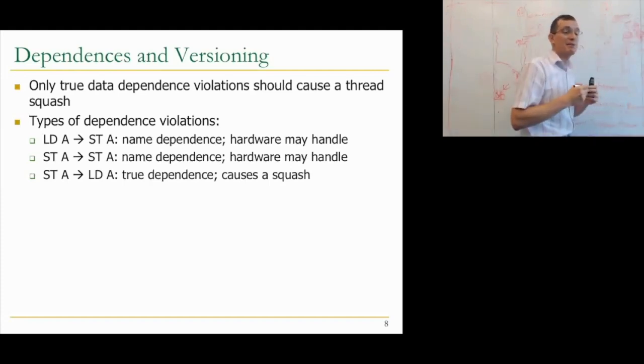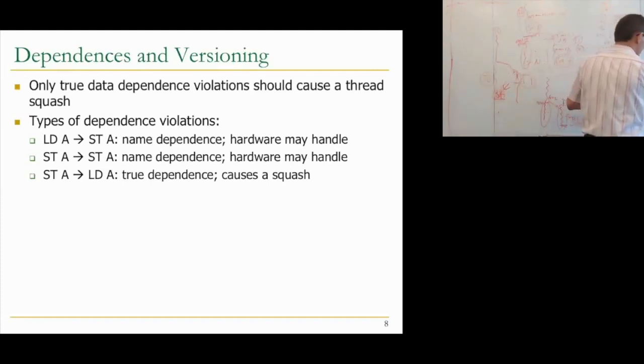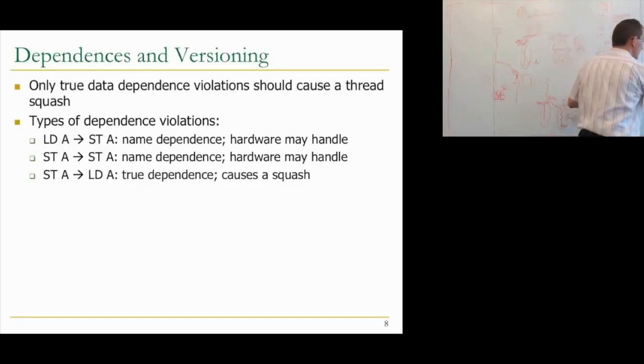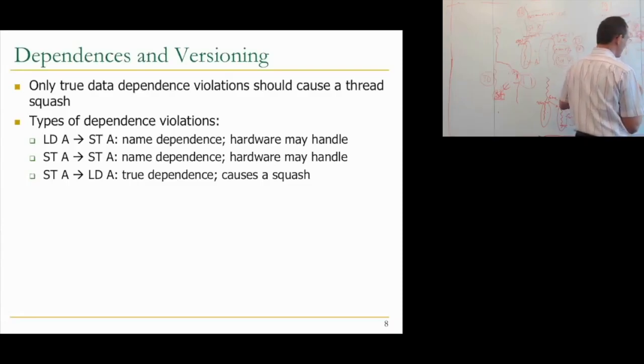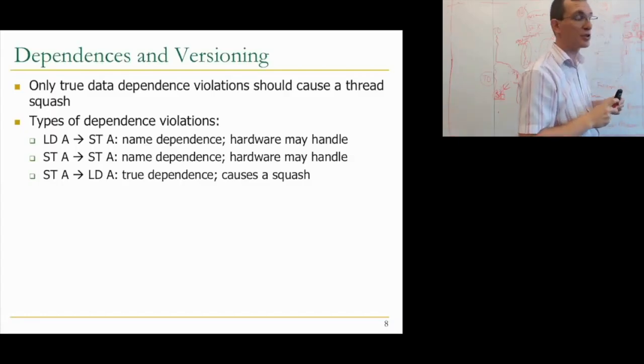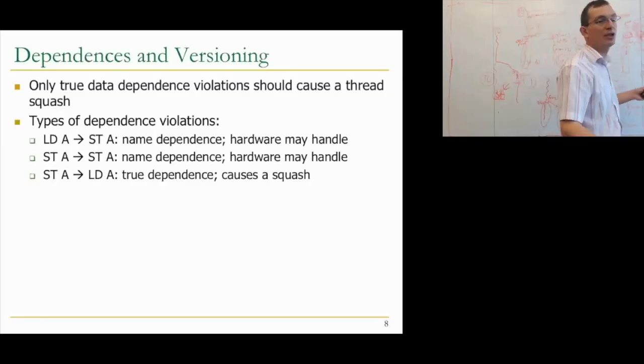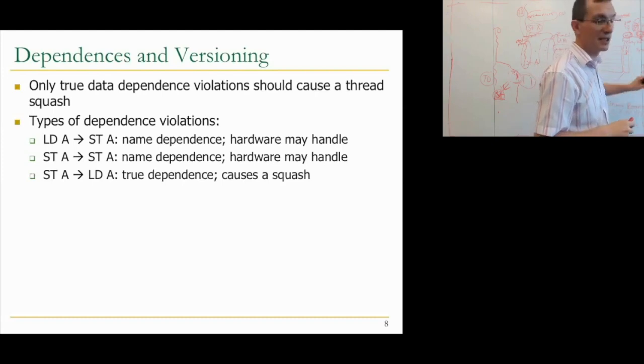You can eliminate this dependence by renaming these locations, because essentially the store is really creating a new value which just happens to be in that location, A. You can actually think of the store killing the old value in that location and creating a new value, so there's no dependence really. It's really a name dependence because we didn't have enough memory locations, for example. Or you could actually create a new version of that memory location if needed.